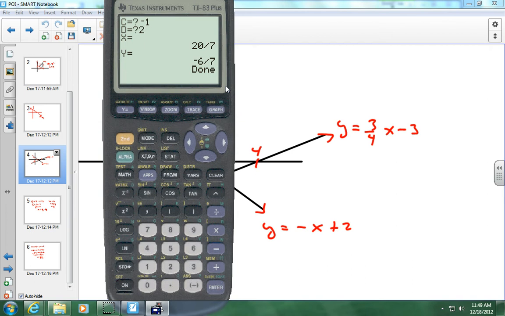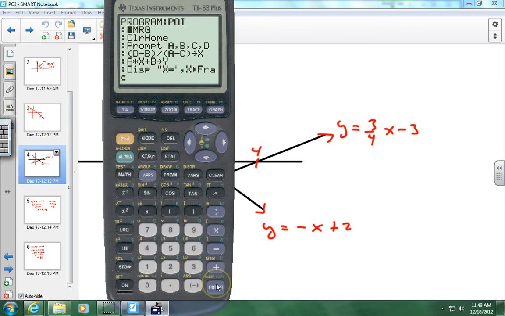Yeah, but where's your frac? Look, we added a frac here. Did I do this? Program, edit. We added frac at the end of those two lines, so that if it is a fraction, it gives you a nice exact answer.